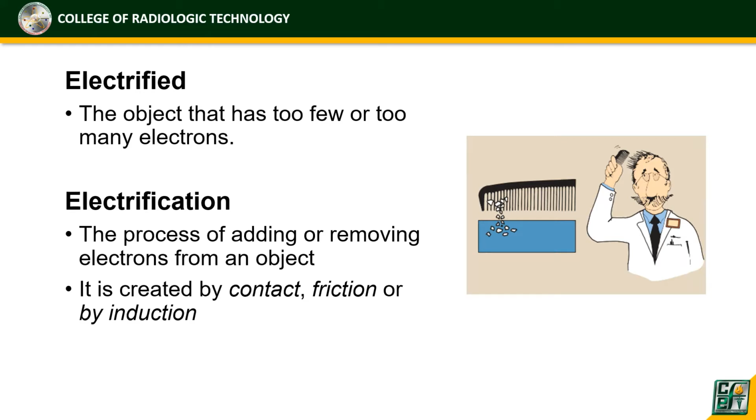And then kapag nilapit mo siya sa buhok, yung buhok ay tatayo, magiging electrified. Okay, and that is by process of induction naman. The transfer of electrons by process of induction.